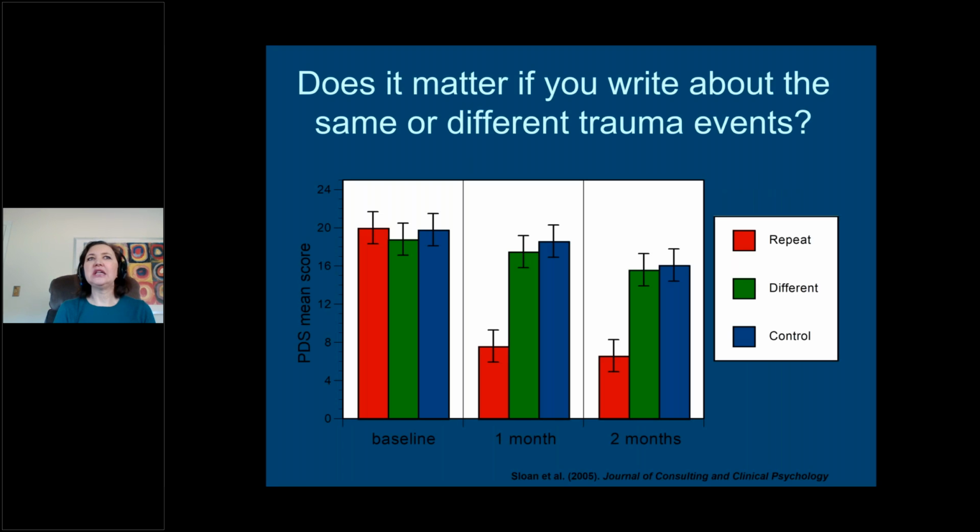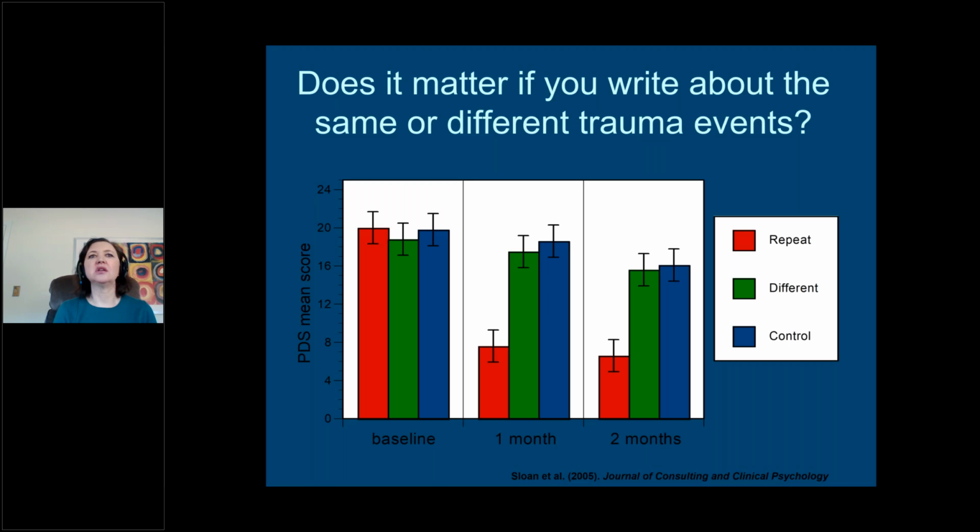And in that study, we found that only people that wrote about the same trauma memory each time got good outcome. They had a significant reduction in PTSD symptom severity. And the people that wrote about different trauma events each time looked similar to control participants. So they really didn't have a reduction in their symptoms across time.